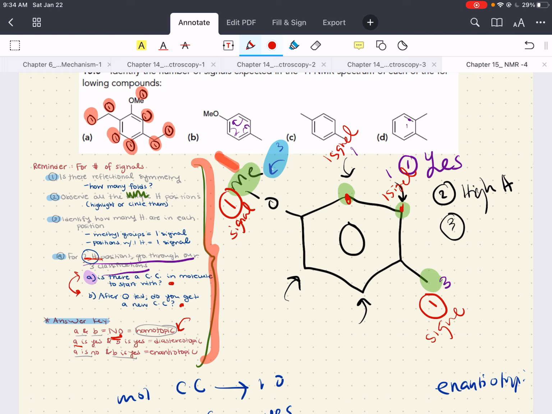If the answer to A was yes and the answer to B was yes, then your hydrogens are diastereotopic and they are not chemically equivalent. If the answer to your first question is no and yes to the second question, then your hydrogens are enantiotopic. They're chemically equivalent, so they're only going to yield 1 unique signal.